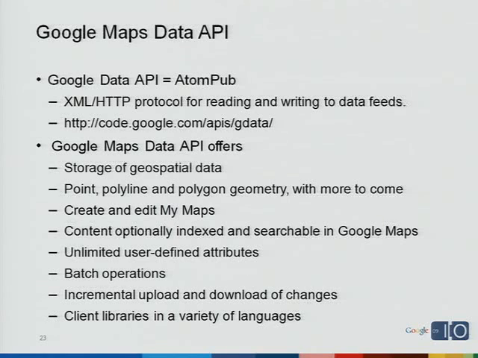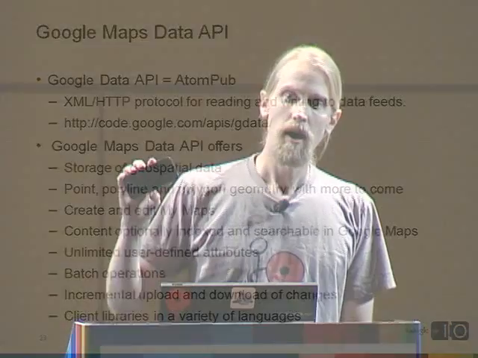We support efficient batch operations, and we also support efficient incremental operations. If you have an application, so for instance, you all have one of these little toys, we have a couple of applications written for Android. That's a My Maps editor and an application called My Tracks. Both of these applications use the Google Maps Data API.